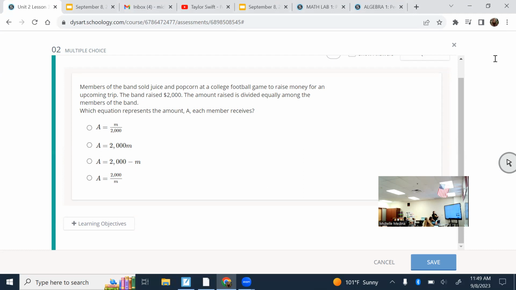The band raised $2,000. What they raised is not changing at all, so we should expect like the 2,000 to be in the equation. But it is divided equally among the members of the band. So divided equally would be what operation? Division, good. So we can eliminate that one and that one.